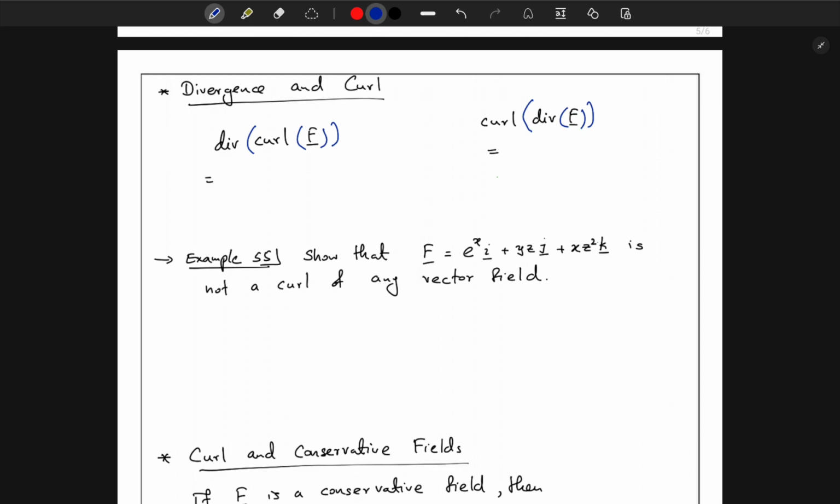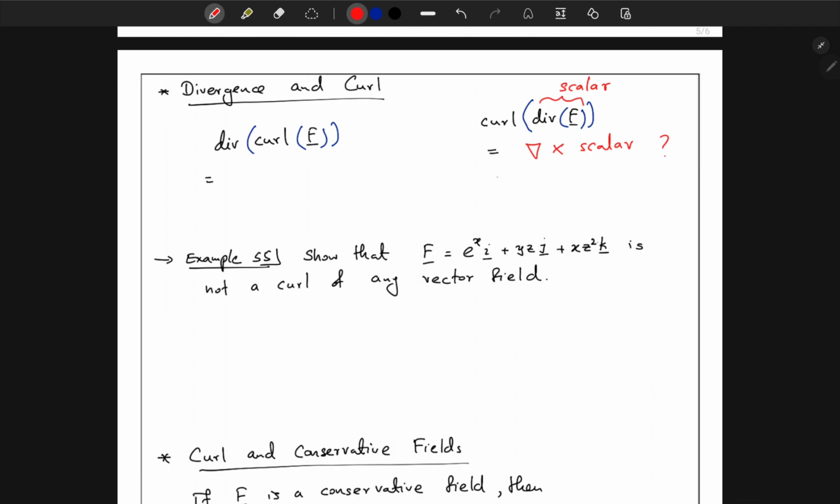Now the divergence is a scalar, right? Or just a number. Then you cannot take the curl of a scalar, because remember, curl is the cross product of the gradient operator with the field.